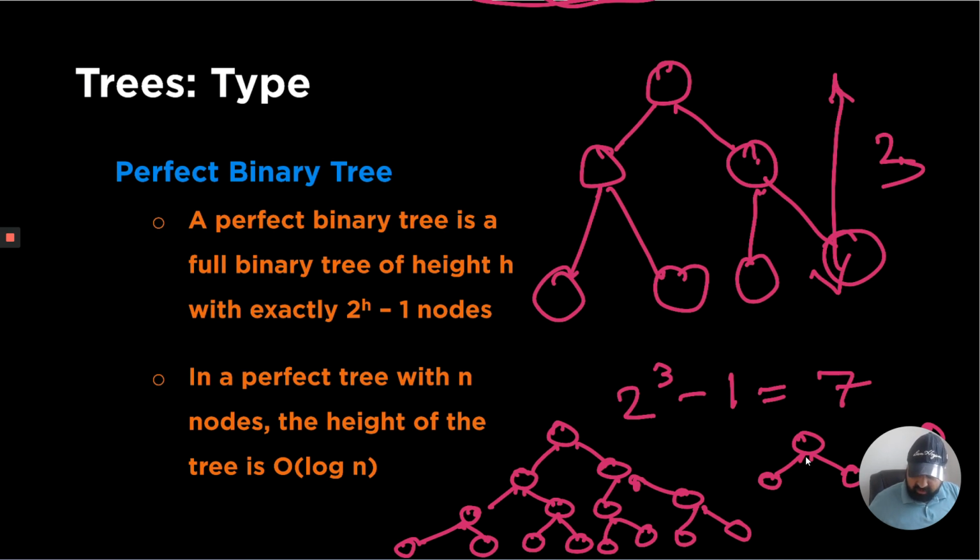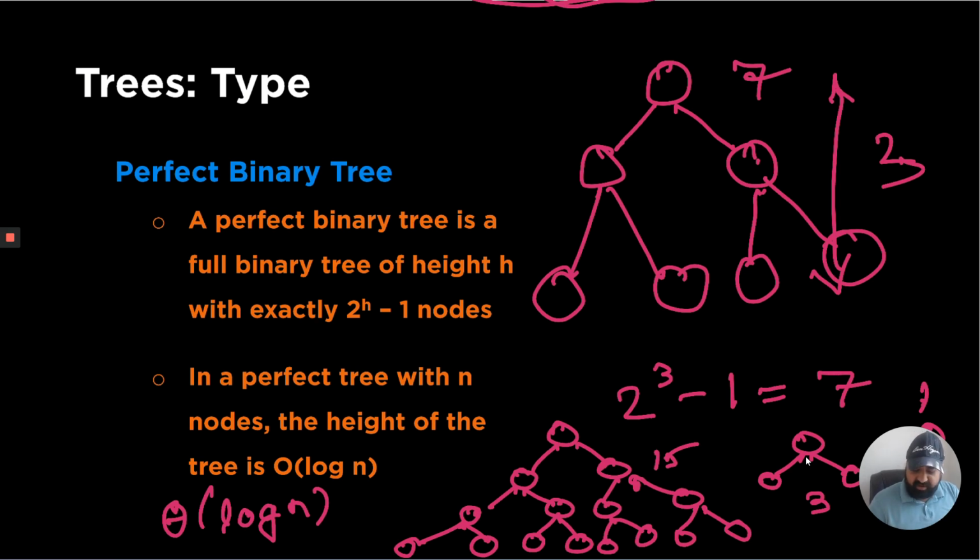Now, one important property of perfect binary trees: in a perfect binary tree with n nodes, like in this case there were 7 nodes, in this case there are 15 nodes, in this case there are 3, in this case there is 1, the height of the tree is O of log n. There's actually a proof that it is theta of log n, but I'm not going to cover proofs.